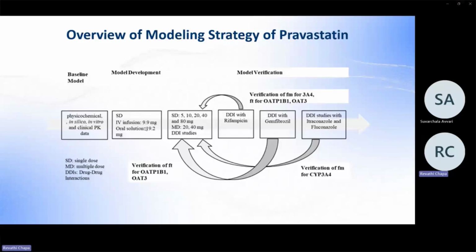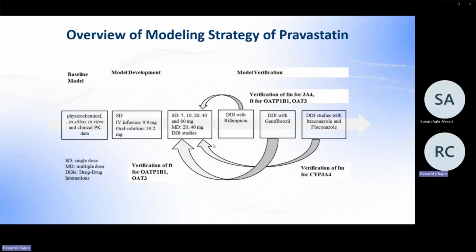This is parallel work that we do to verify the DDIs with our models, where we employed rifampicin, which is an inhibitor of OATP1B1, 3A4 and OAT3, gemfibrozil, which is an inhibitor of OATP1B1 and OAT3, and itraconazole and fluconazole, which are inhibitors of 3A4.